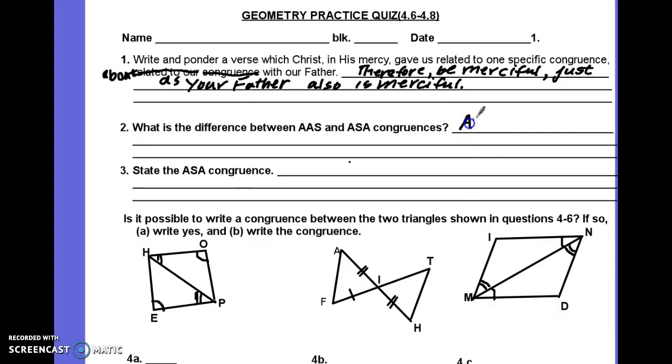Well, angle, angle, side has two angles next to each other and then a side. That's angle, angle, side.